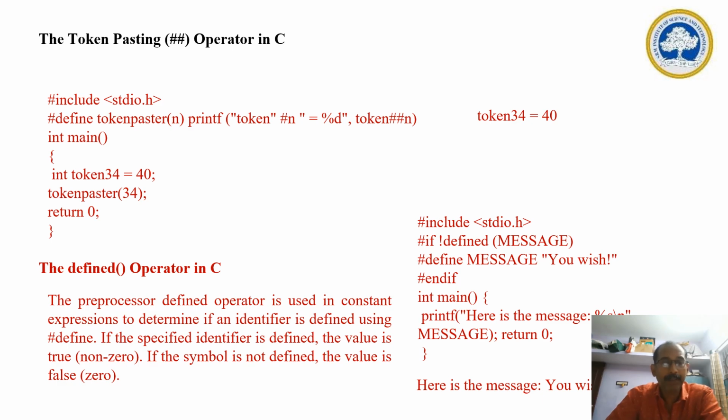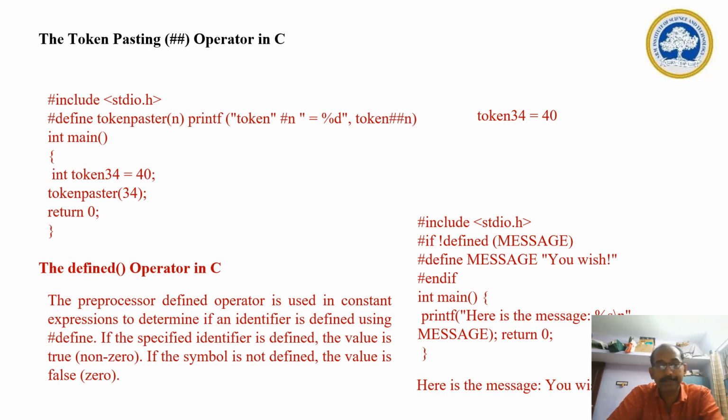The defined operator in C. The preprocessor defined operator is used in constant expressions to determine if an identifier is defined using #define. If the specified identifier is defined, the value is true, non-zero. If the symbol is not defined, the value is false, that is 0.